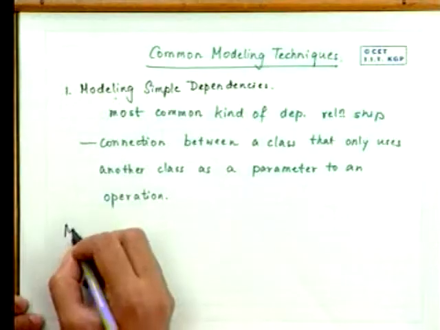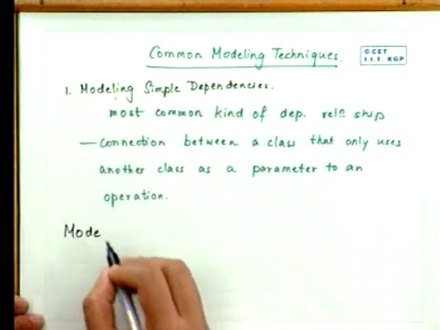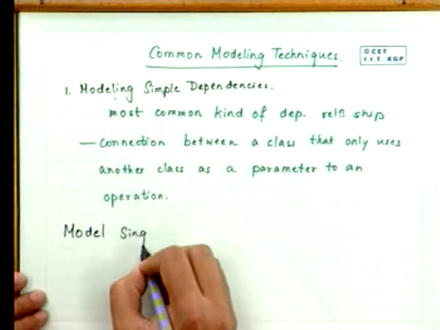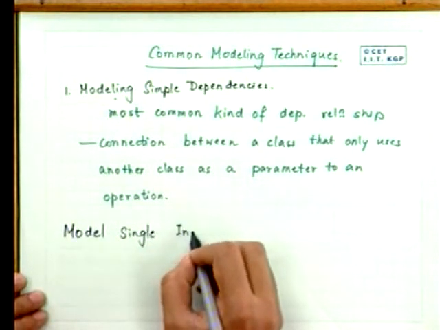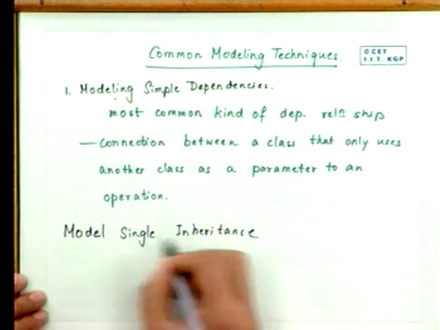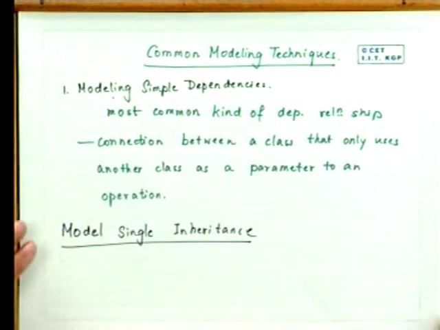Secondly, let us look at how to model single inheritance. In order to model inheritance, we have to identify the hierarchies present in the classes, and we can do so by following a number of steps.